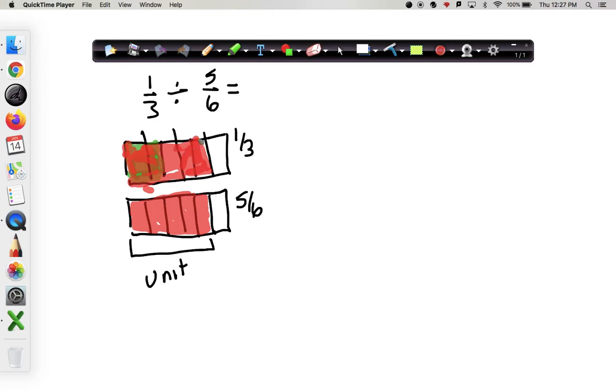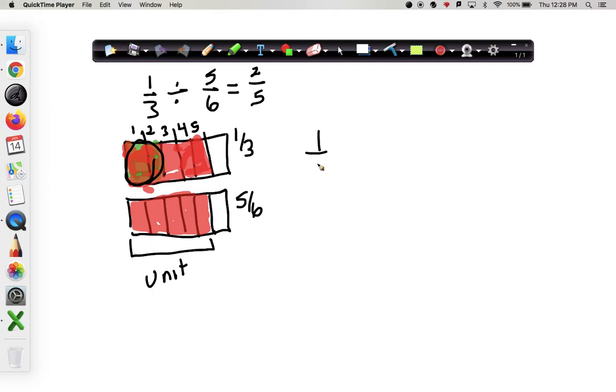So if I'm basically putting our unit right over the top, what I have is 1, 2, 3, 4, 5 parts. 2 of those parts are right here. So my answer is going to be 2/5.